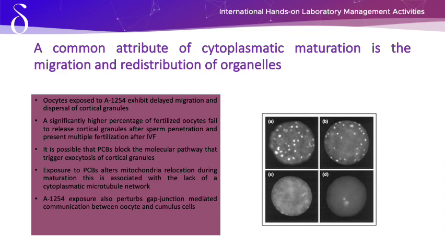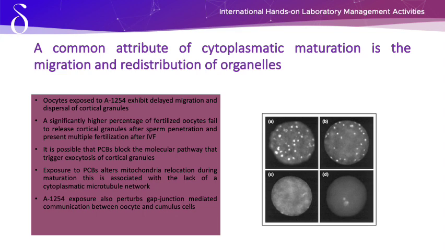A1254 is a polychlorinated biphenyl, which is very common in industry, and we get exposed to it as we get exposed to dioxin or bisphenol A. And all these chemicals act as endocrine disruptors, and they can change the distribution of organelles in all human oocytes.